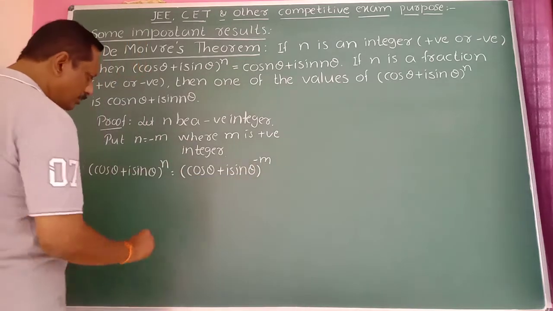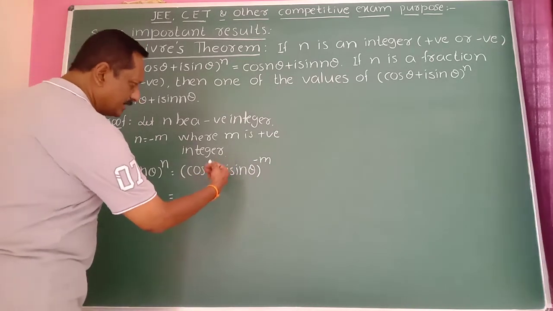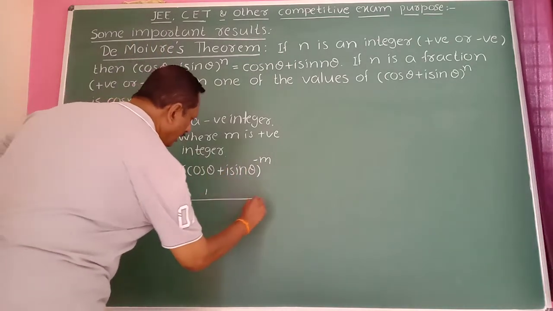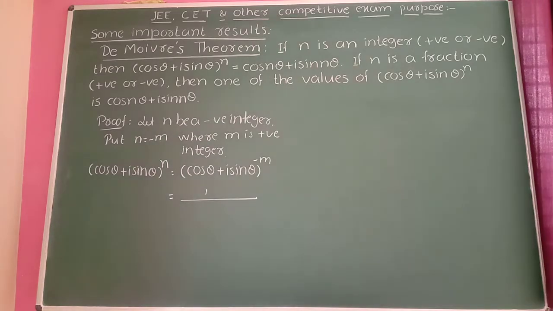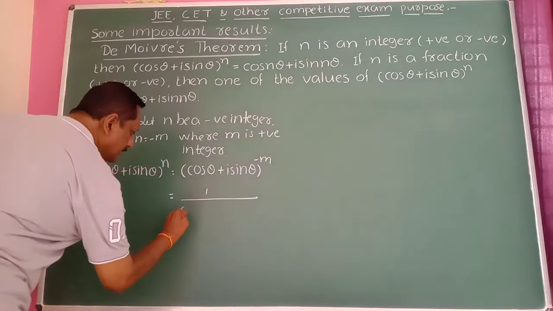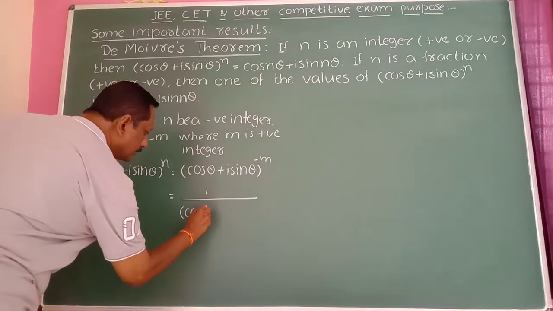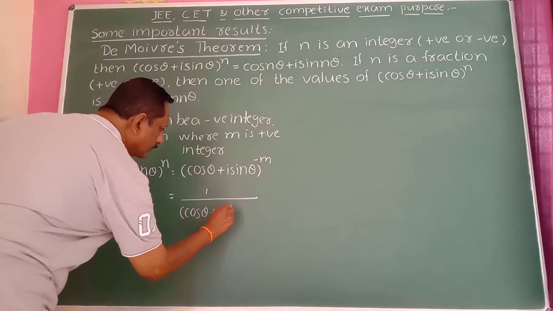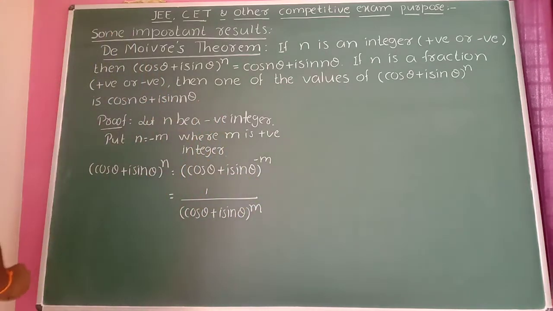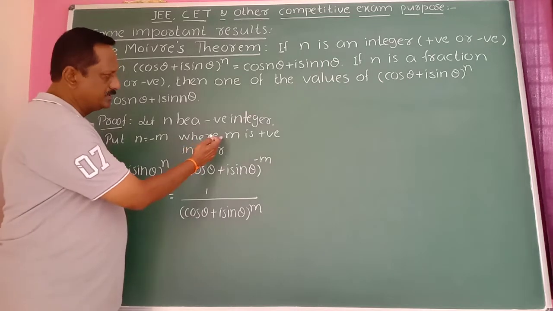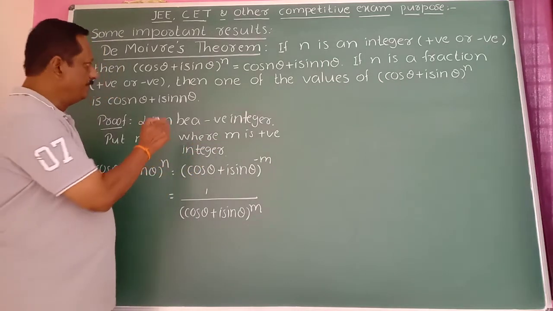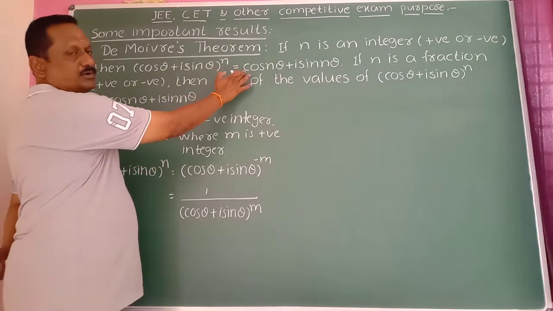And you know in algebra, if you take this to the denominator, minus becomes plus. So 1 upon (cos theta + i sin theta)^m. Here what is m? m is a positive integer. In the previous case you already proved this is true for any positive integer.